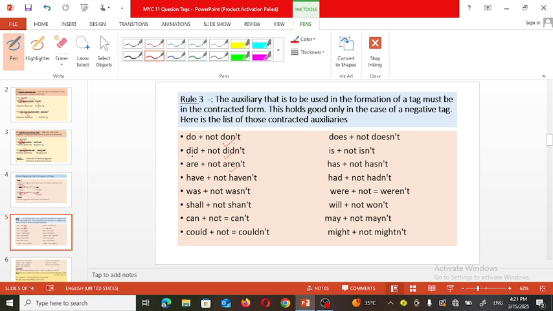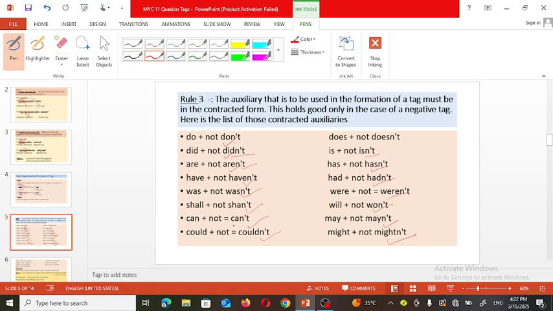If it is in past tense, did will be there, so didn't will be the shortcut. Is not becomes isn't. Are not becomes aren't. Has not becomes hasn't. Have not becomes haven't. Had not becomes hadn't. Was not becomes wasn't. Shan't, can't, couldn't, weren't, won't instead of will not, may not, mightn't.